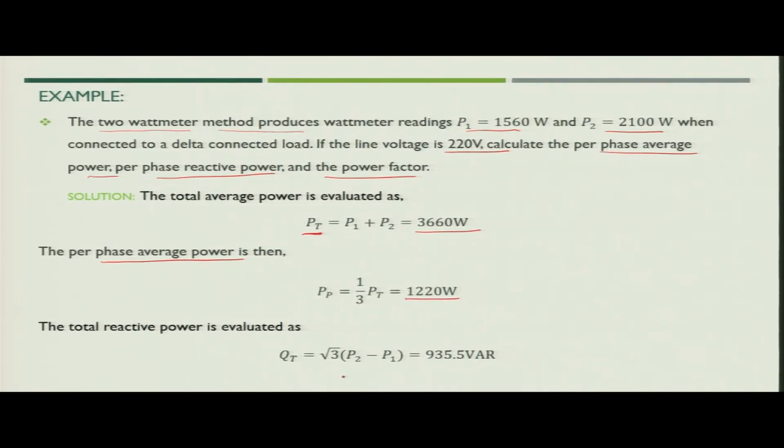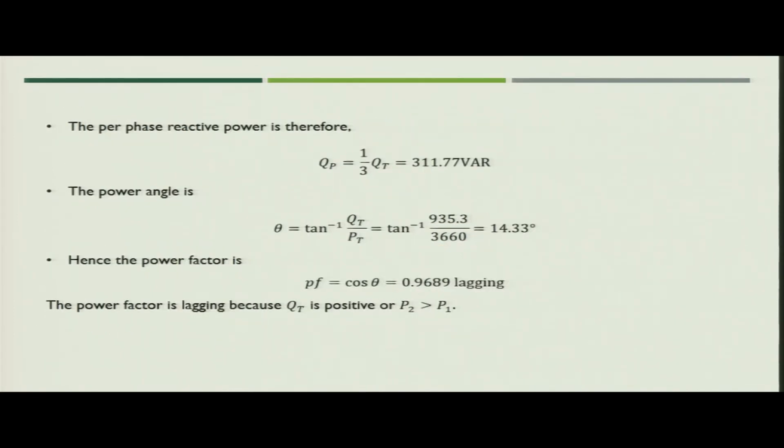Now, total reactive power you will get equal to root 3 into P2 minus P1. So, you will get 935.5 var. So, per phase reactive power you will get as 1/3 of the total, that is 311.77 var. The power angle you can quickly calculate, theta is equal to tan inverse of QT upon PT.